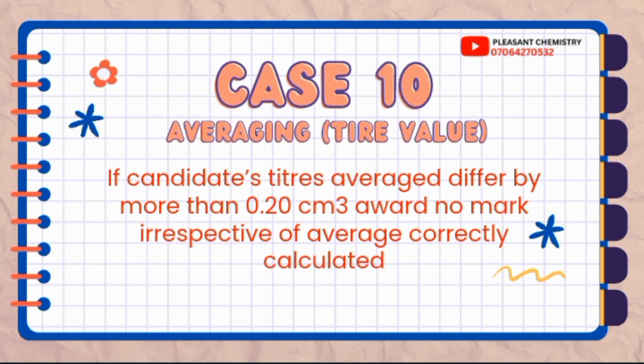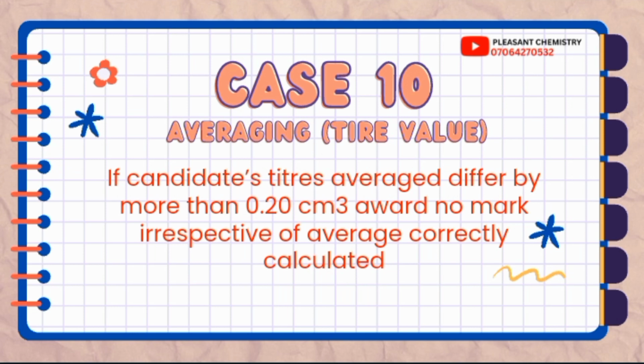When you calculate the volume of acid used, you've calculated your first TITRE, your second TITRE, your third TITRE. If you are picking 2 TITREs, please, I want to beg you, ensure that the difference between those 2 TITREs is at most 0.15.